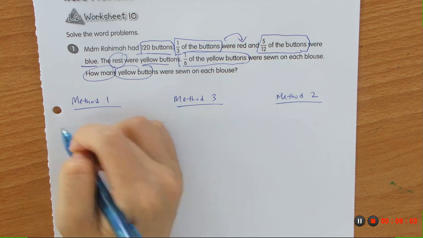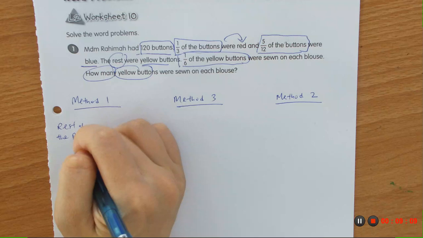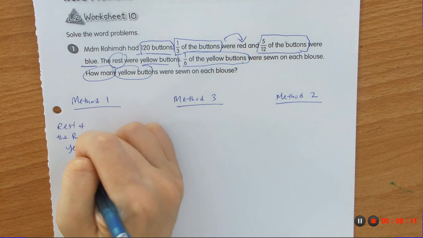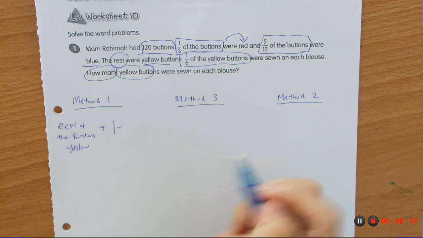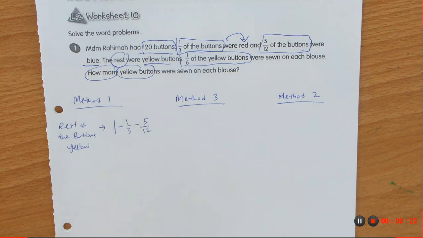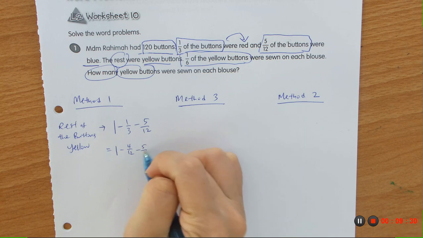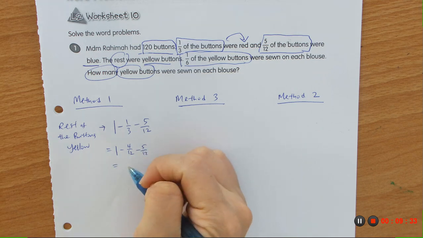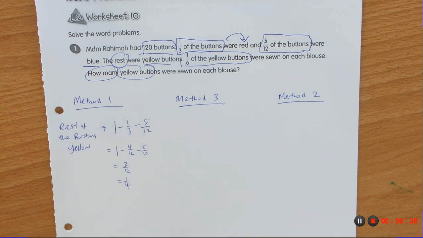So the first step I will do is find the rest of the buttons. What does the rest of the buttons mean? These are yellow. I can use the fraction method. 1 minus the red, that's 1/3, minus the blue, that's 5/12. Then these are the yellow buttons.